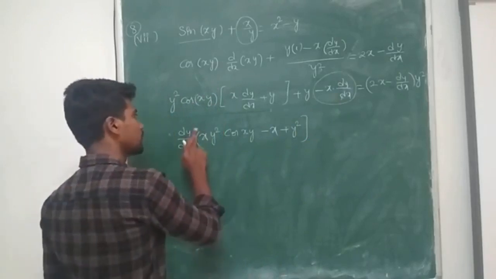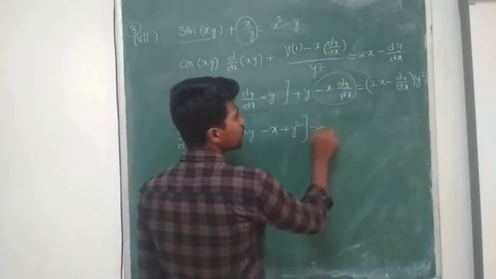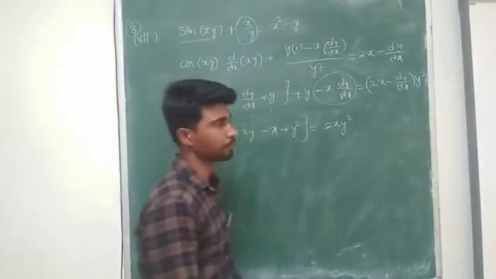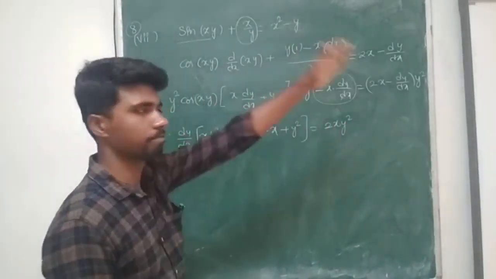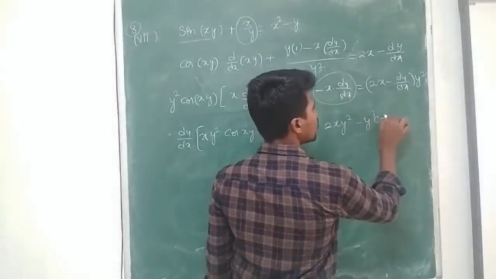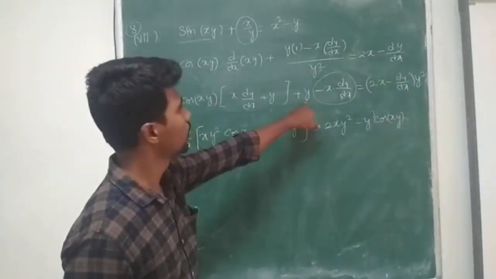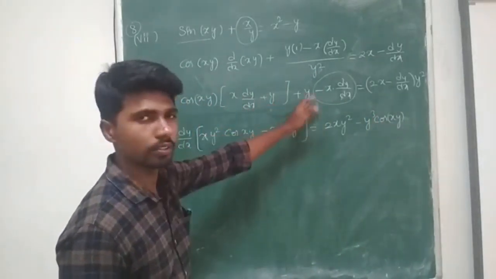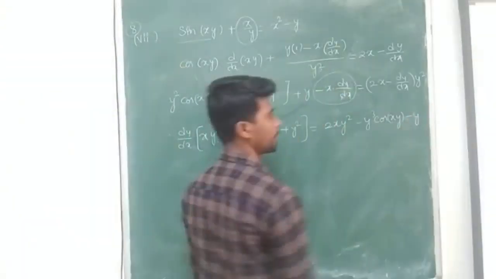The rest of the thing is nothing but y square, which is equal to 2x y square, and y square cos xy into y. Transferring to the right side, minus y cube cos xy. We still have y left alone, so take the y to the right side, we get minus y.